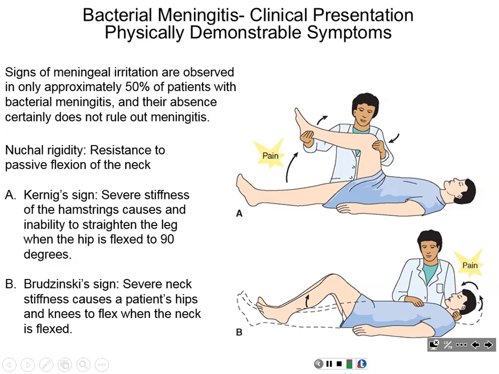The other two are Kernig's sign and Brudzinski's sign. Kernig's sign is you bend at the hip and the knee does not straighten because the hamstrings are so tight. Brudzinski's sign is the neck is so stiff that when you bend the neck, the leg comes with it.